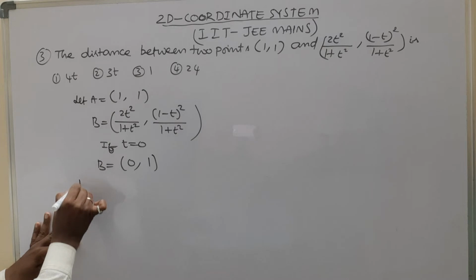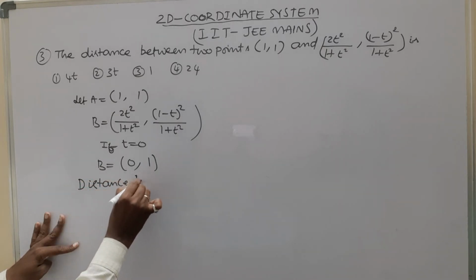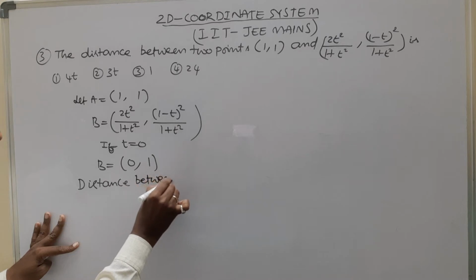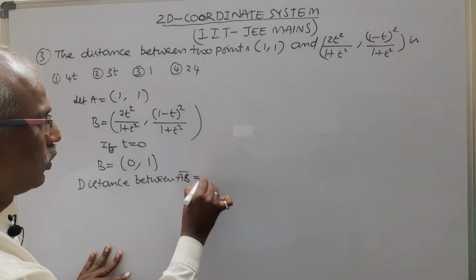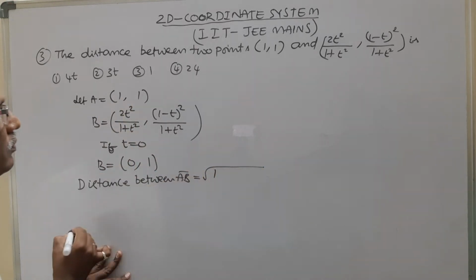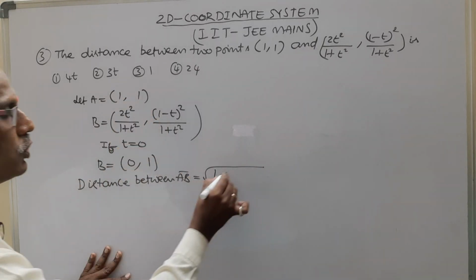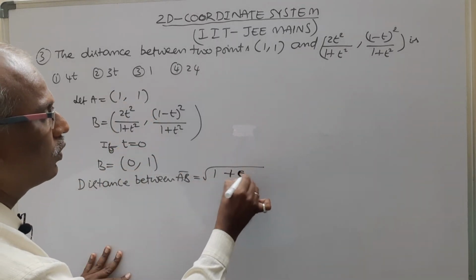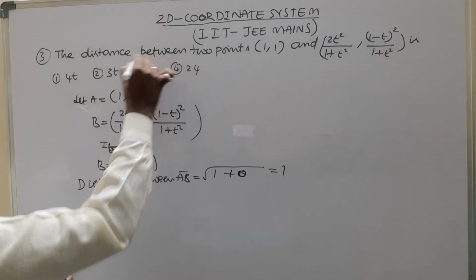To find the distance between A and B: root of (1 minus 0) whole square plus (1 minus 1) whole square, which is root of 1, equal to 1. This is the right answer, the third option.